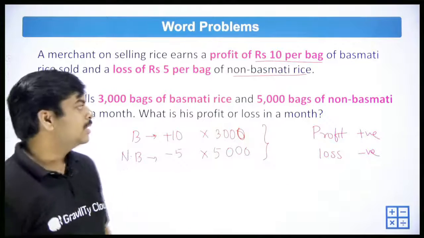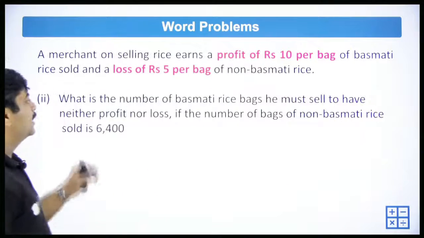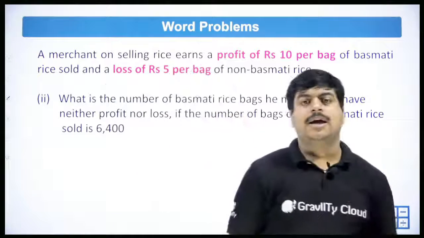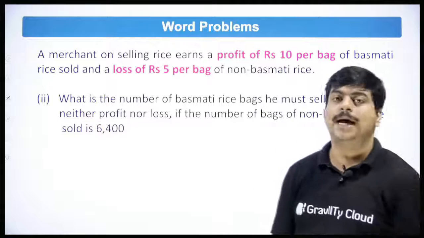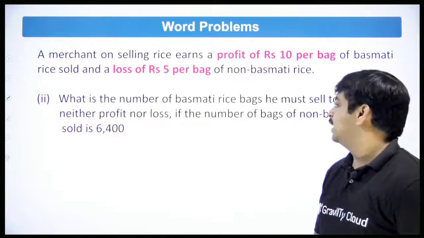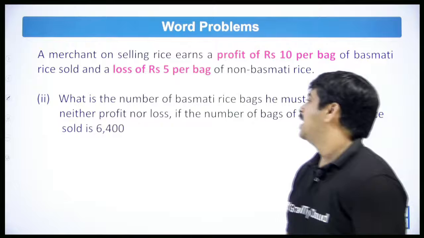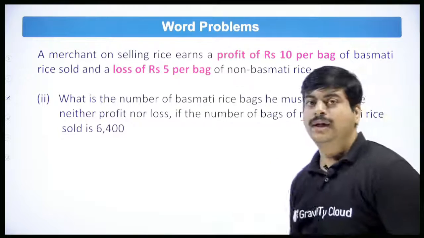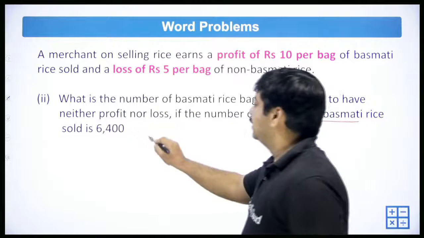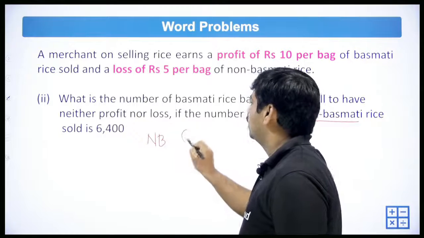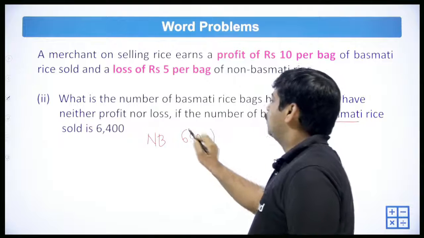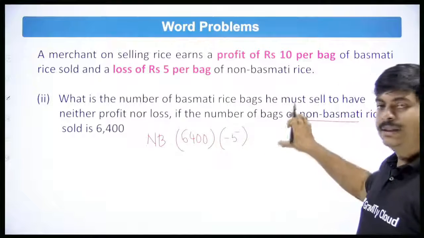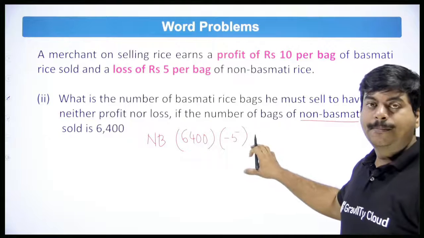One more question here. What is the number of basmati rice bags he must sell to have neither profit nor loss if the number of bags of non-basmati rice is 6,400? For non-basmati rice, you have 6,400 bags, and for every bag you get a loss of minus 5 rupees, so you know how much this amount is.